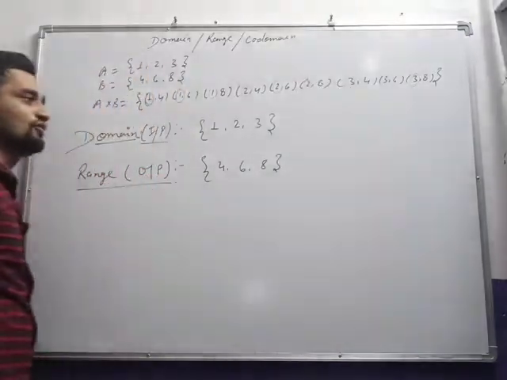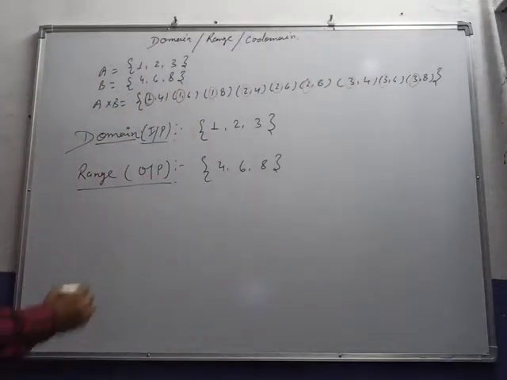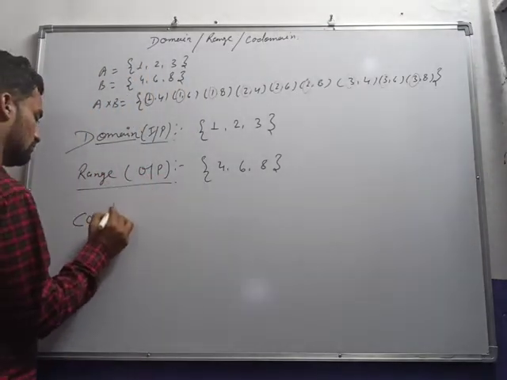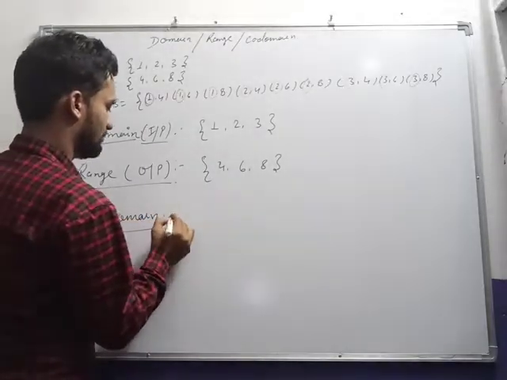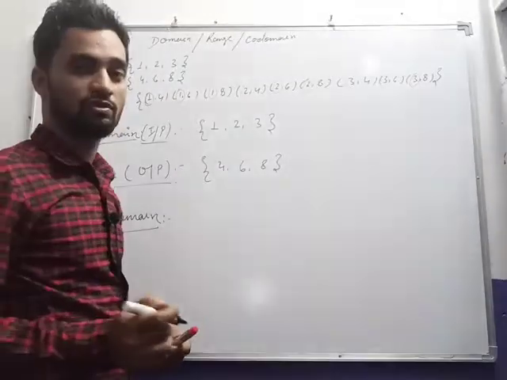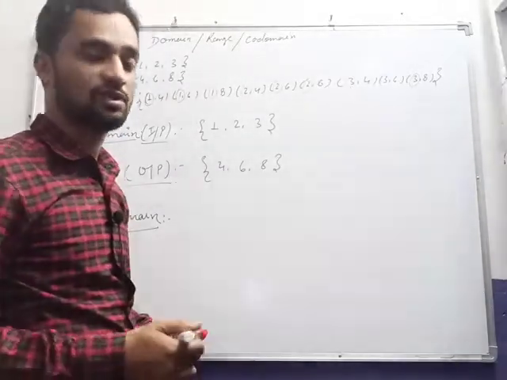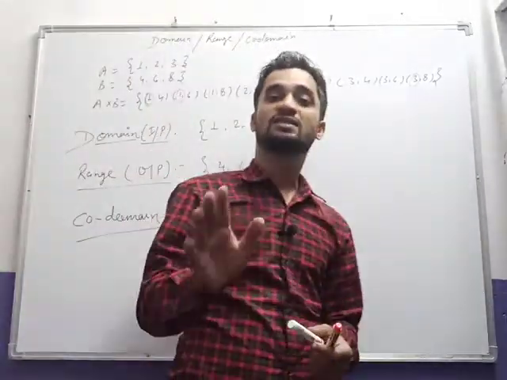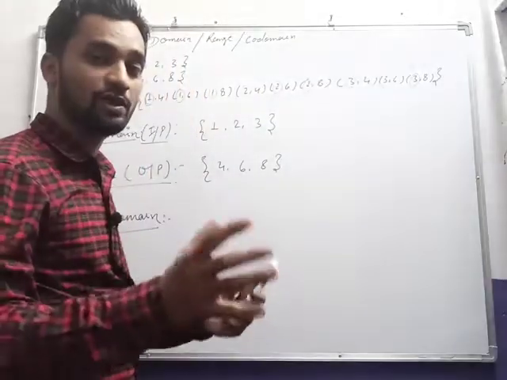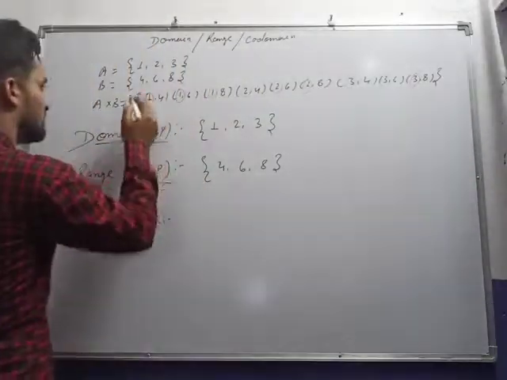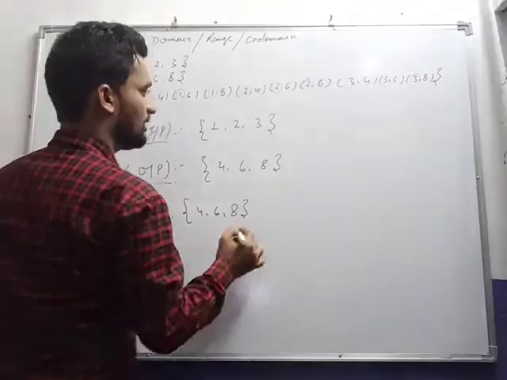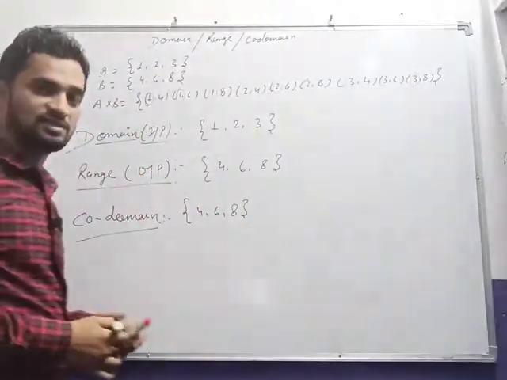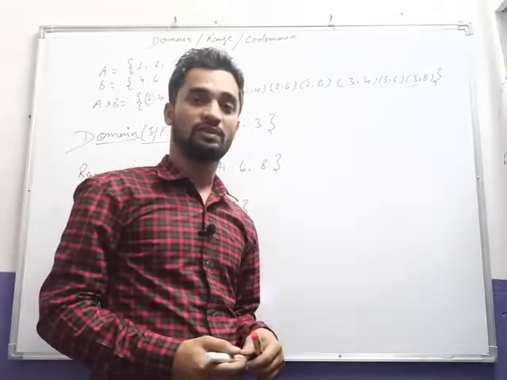And what will be codomain? Make sure codomain is always the second set, the second complete whole set. So here the second set is 4, 6, 8. Let us discuss with the help of mapping.